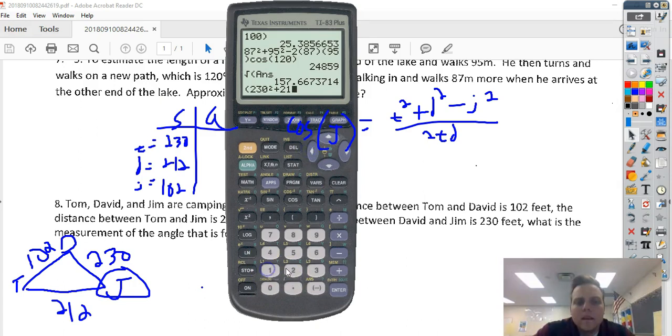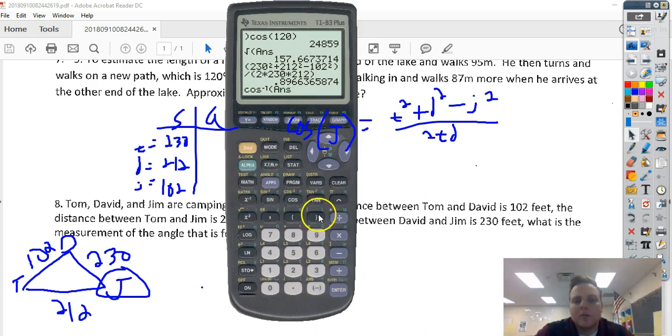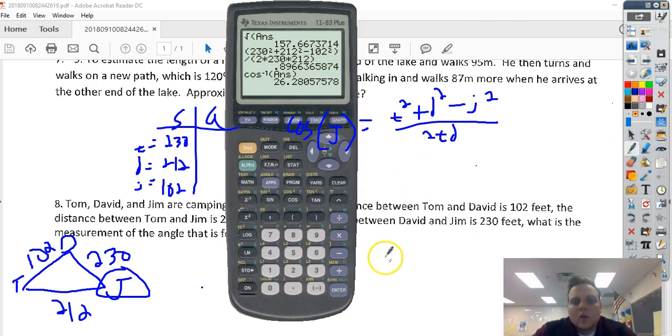Whoops. 212 squared minus 102 squared, divided by 2 times t, which is 230, times d, which is 212. Close it, press enter. And that's what cosine of j equals, and I want to find j for Jim. I actually want to find big J, so I have to inverse that number. Cosine inverse of that number, and I get 26.3 degrees. So angle J is approximately 26.3 degrees.